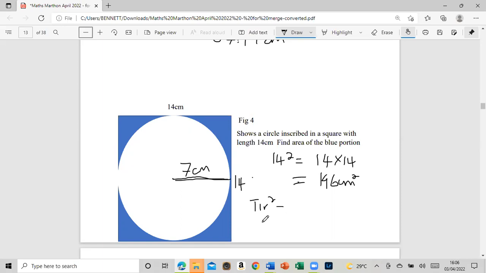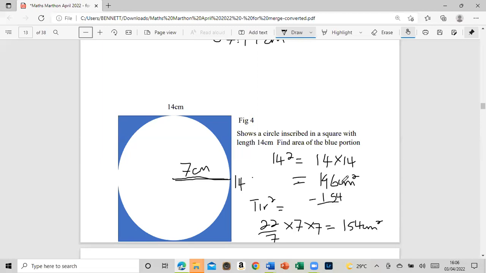So that's 22 over 7. We did this in class already, which is the area of a circle, right? The radius is 7, so 7 times 7. This works out to 154. I know you guys are tired, but we have to do what we have to do. So we subtract 154 from this, and that would be our answer.